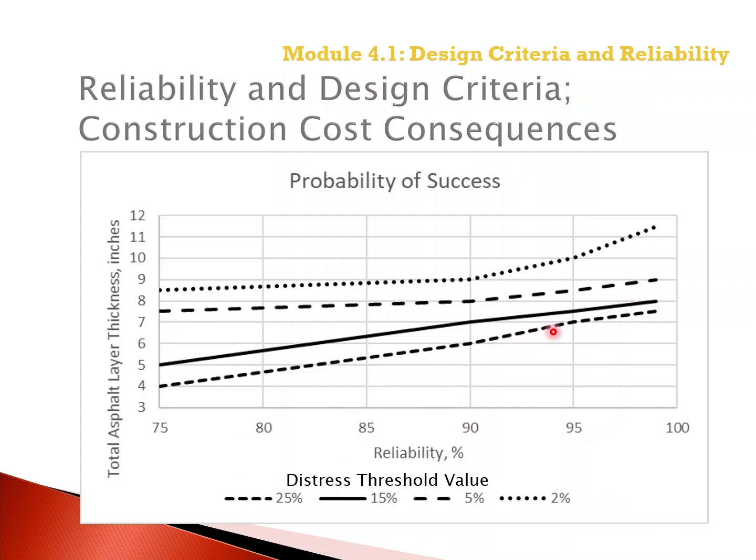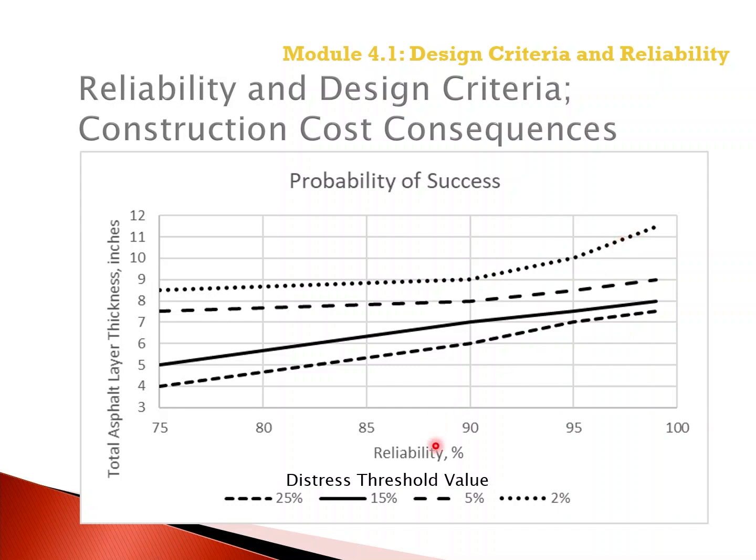The lowest being 25% bottom-up fatigue cracks, the black solid line of 15% bottom-up fatigue cracks, the longer dash line of 5% bottom-up fatigue cracks, and the short dotted line or dash line of 2% bottom-up fatigue cracks.